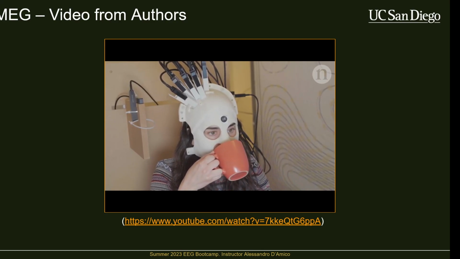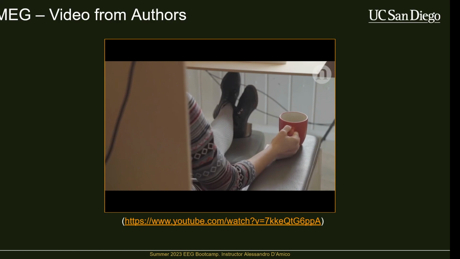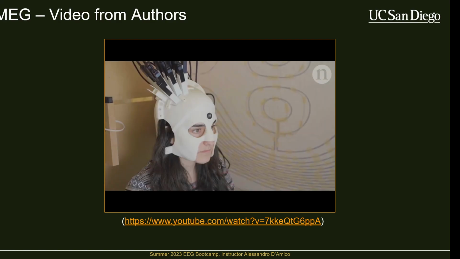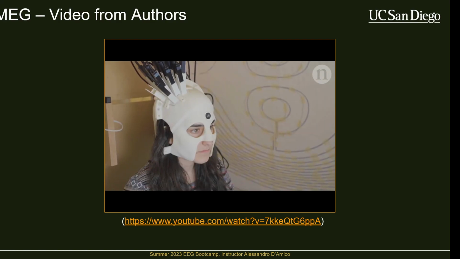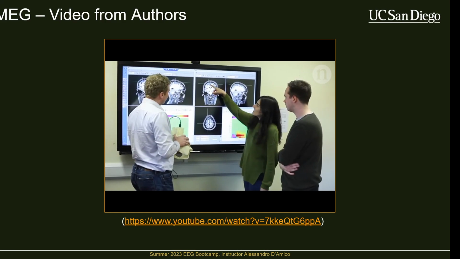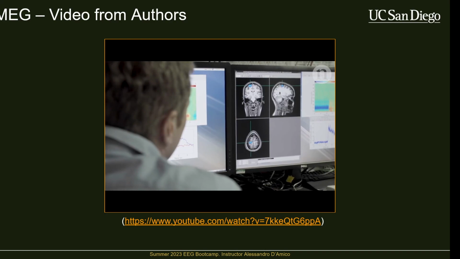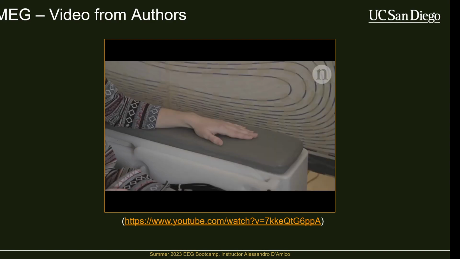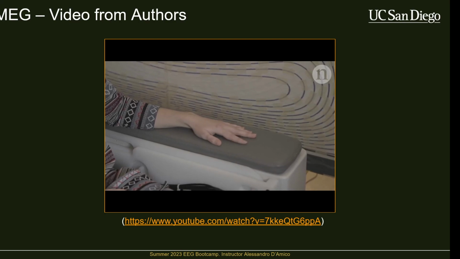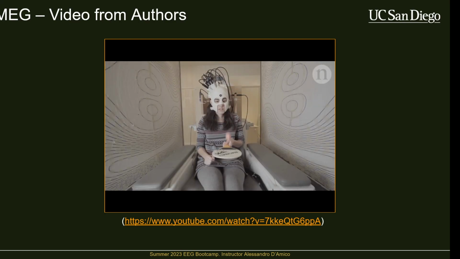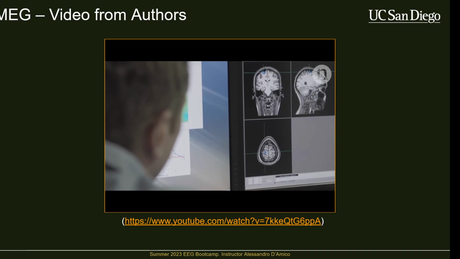The quantum sensors give us the magnetic field that are produced by our brain at any given time. And by knowing also the location of these sensors with respect to the brain, we can localize which area of the brain was responsible for the movement, and also when that part of the brain was engaged in that certain task.